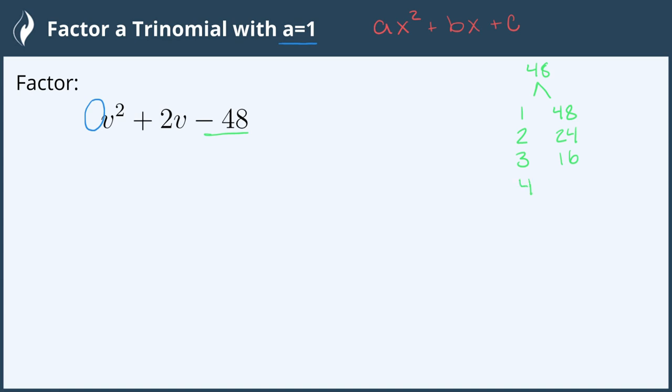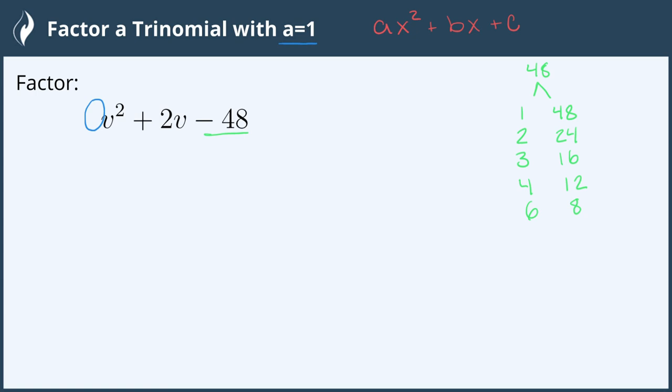It's also divisible by 4, 4 and 12, and it is not divisible by 5, but it is divisible by 6, 6 times 8. And if 7 doesn't go in, which it doesn't, then we're done, because then we would start moving up the other side, which would be 8, 12, 16. So we can stop here.